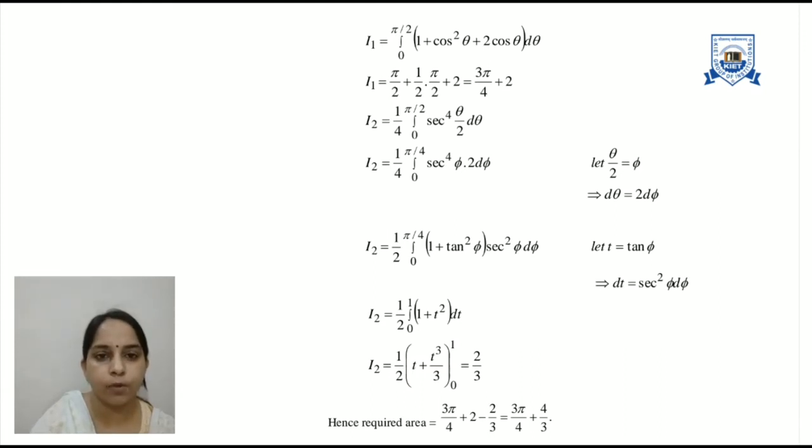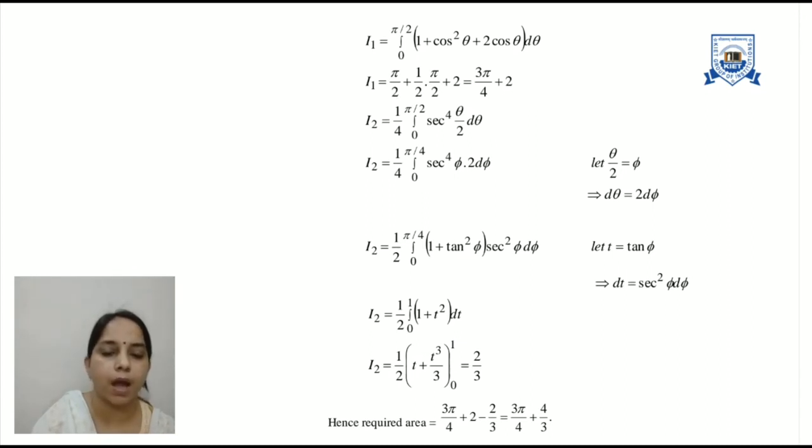First I put theta by 2 as phi and get d theta equals 2 d phi. And changing limits accordingly, I get I2 equals 1 by 4 integral from 0 to pi by 4 of sec to the power 4 phi times 2 d phi. On simplifying this, I get I2 equals 1 by 2 integral from 0 to pi by 4 of (1 plus tan square phi) sec square phi d phi.